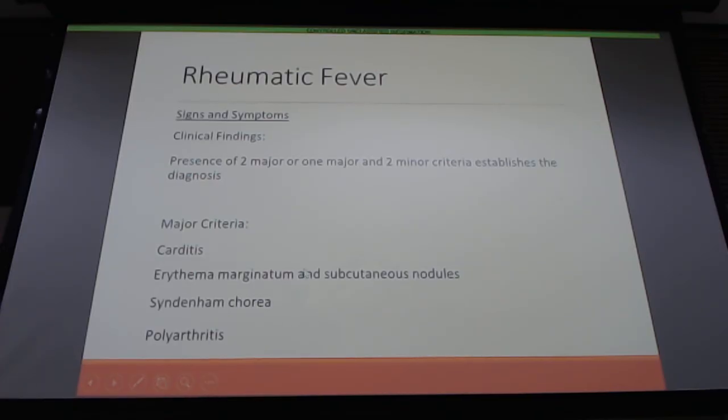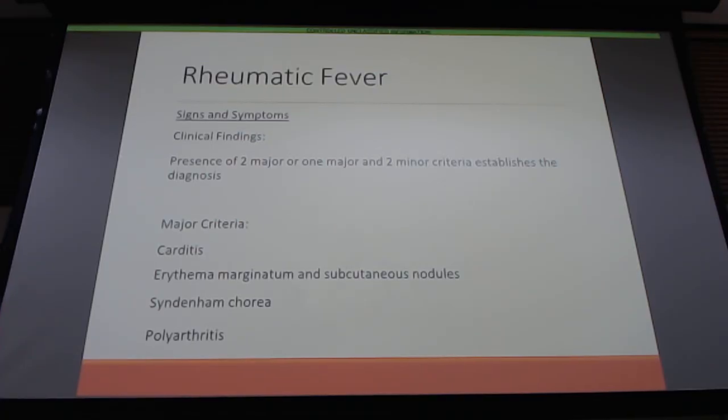It would be carditis, erythema marginatum, subcutaneous nodules, synovitis or polyarthritis, and chorea. So you have 5 major criteria. If you have any 2 of those, the diagnosis is made for rheumatic fever.